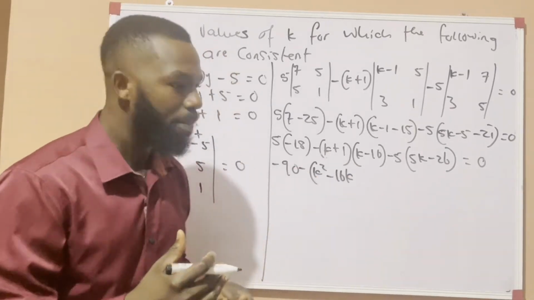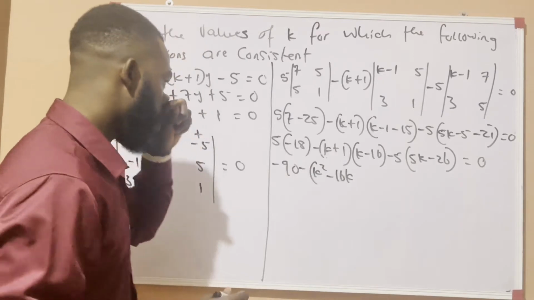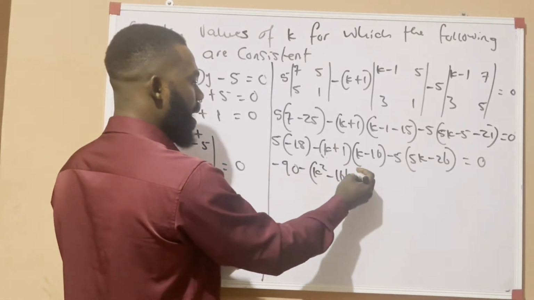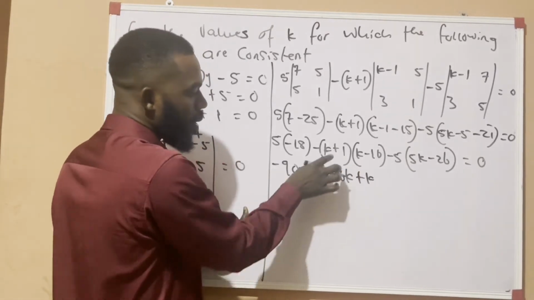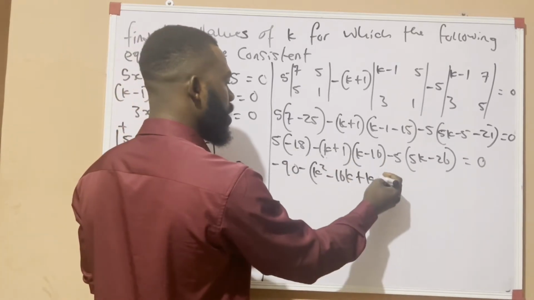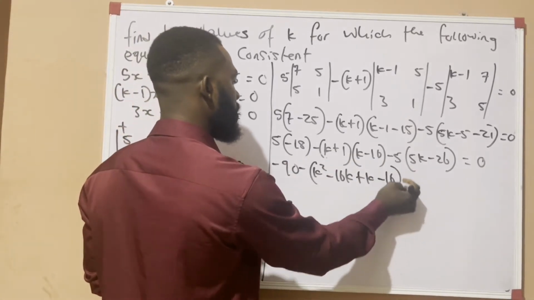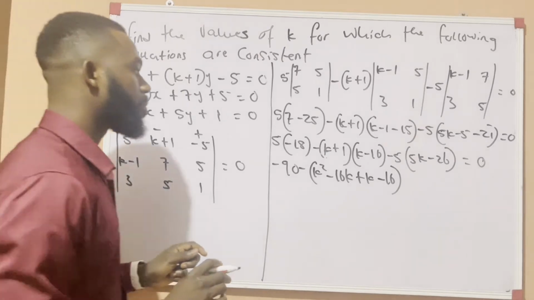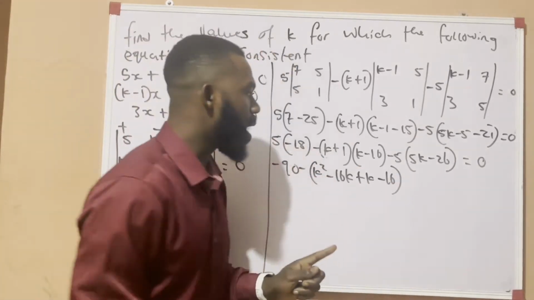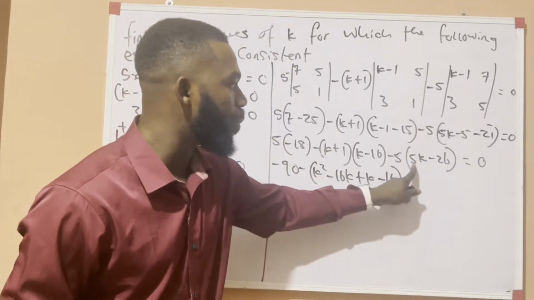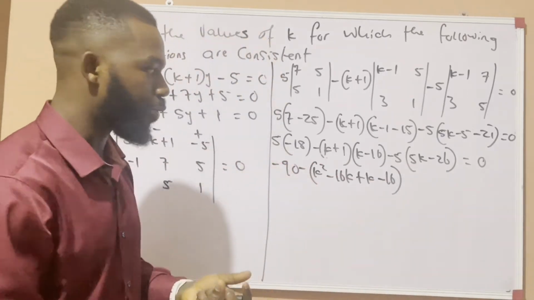Now, k has multiplied. So what is the next that multiplies? Plus 1. Now, plus 1 multiplied by k gives us plus k. Plus 1 multiplied by minus 16 gives us minus 16. Alright, simple as that. Minus 5. Now, what are we going to do now? Minus 5 multiplies everything inside the bracket, so remove the bracket.